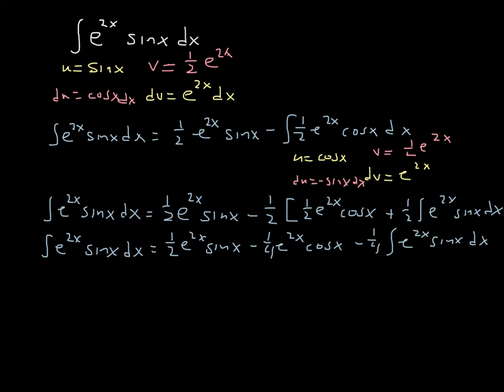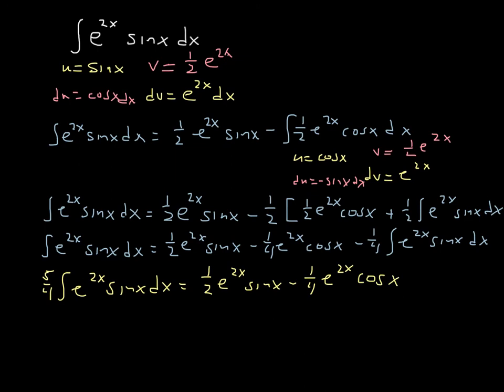Because this is 1, and I'm going to add the 1/4, I get 5/4 times the integral of e to the 2x sine x dx equals 1/2 e to the 2x sine x minus 1/4 e to the 2x cosine x. We can put the plus c at this point as well.